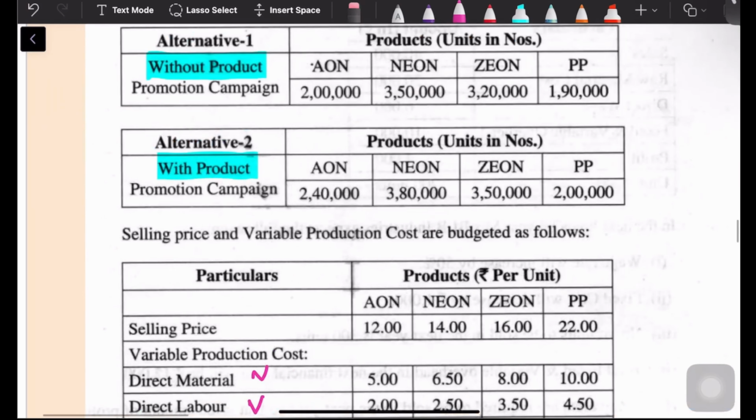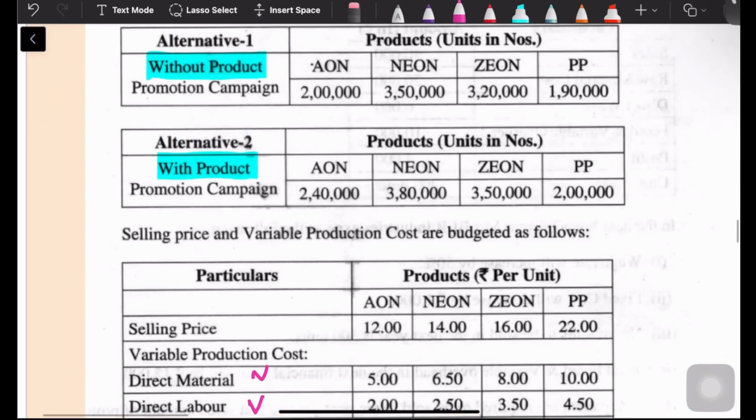Next, 16 Xeon. What is the variable cost? 8, 3.5, 1.2.